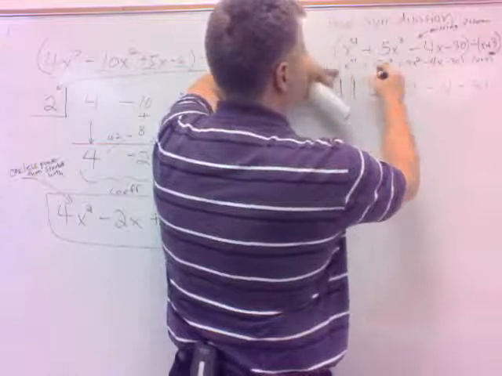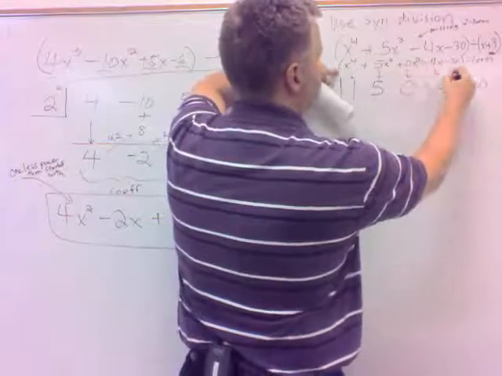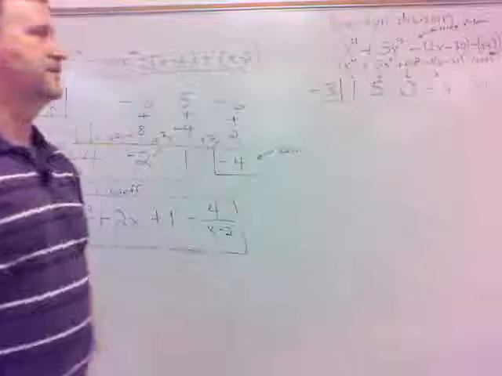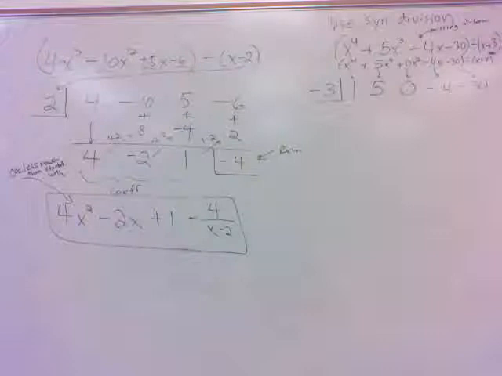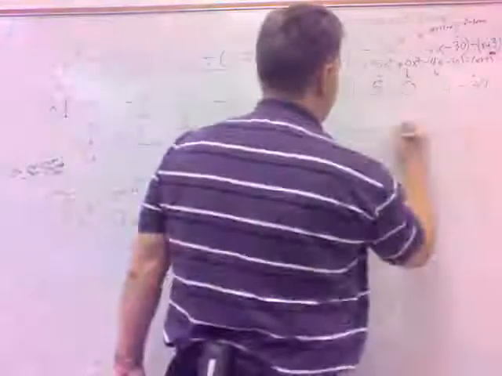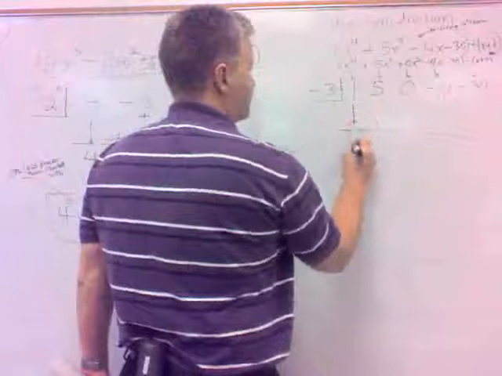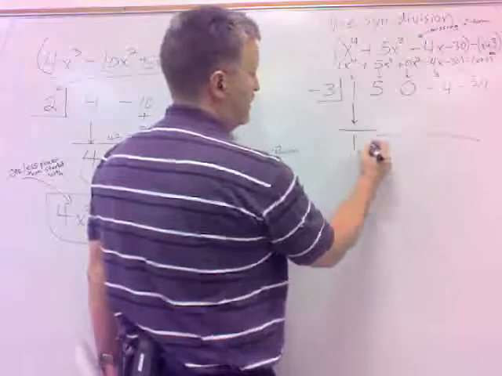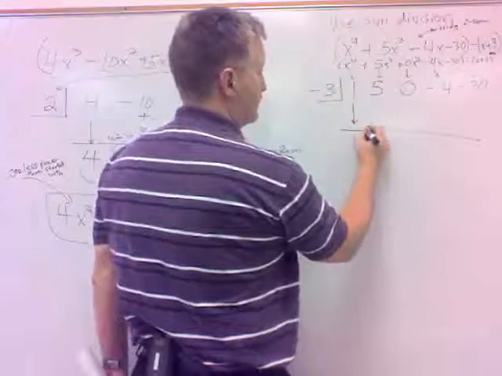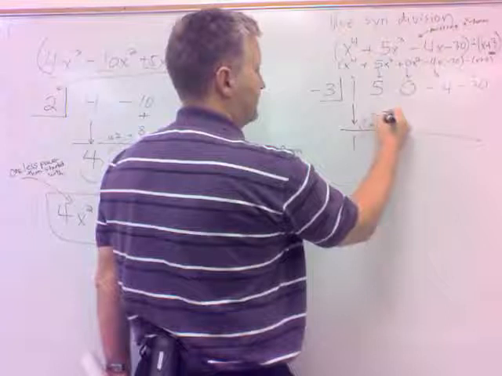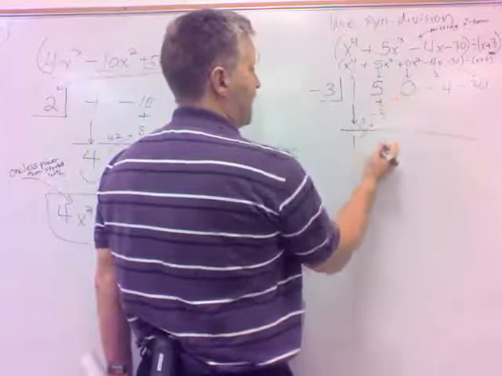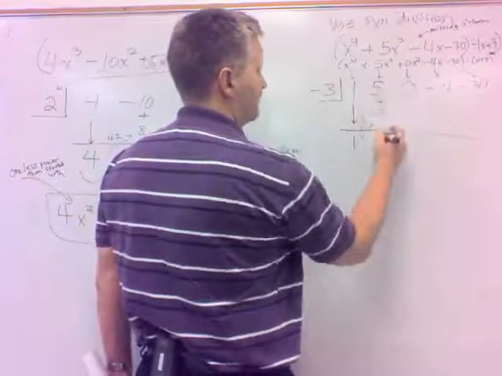Just the coefficients, and the constant there, of all my terms. With me okay? Skip a row, draw a line. This number just starts it, comes down below. Then we multiply. 1 times negative 3 is negative 3. Add those up. 5 plus negative 3 is positive 2.